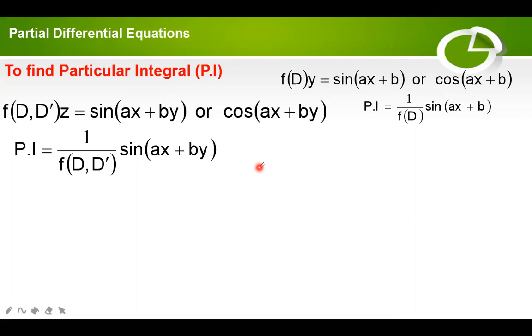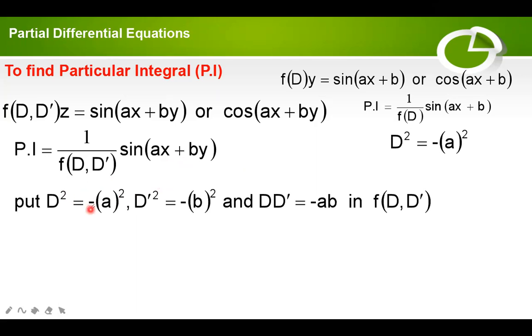In the same way, here also we replace D square with minus a square, D dash square with minus b square, and DD dash with minus ab, where a is the coefficient of x and b is the coefficient of y, if the denominator is not equal to 0.